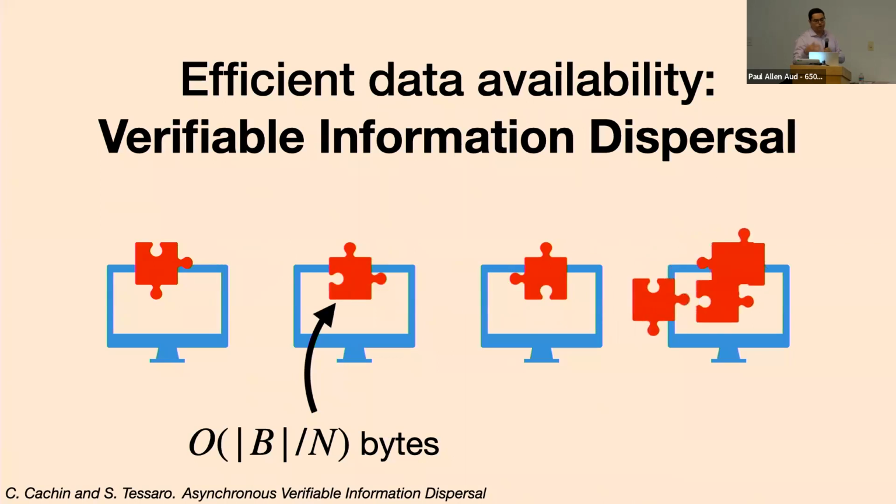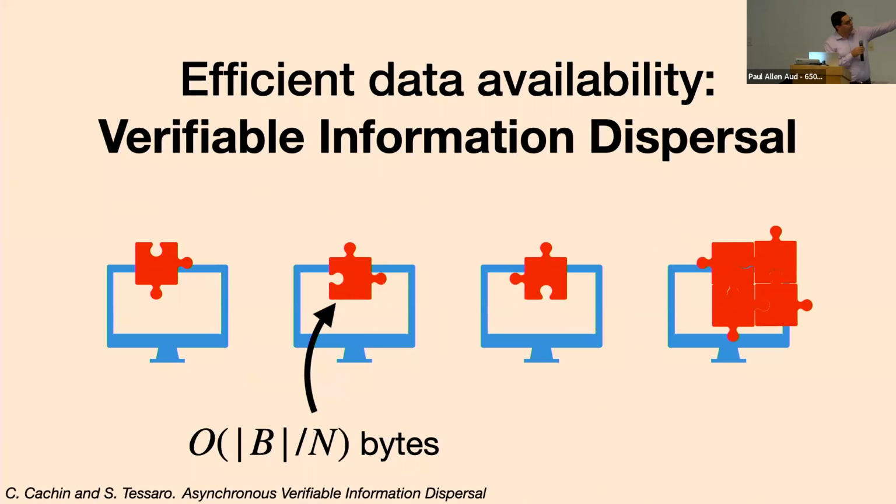So when a node eventually wants to retrieve the block, it will contact its peers, collect enough of these encoded chunks, and then decode the block. That's the basic construction.